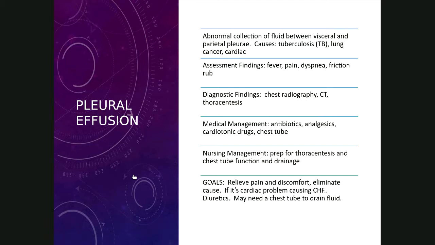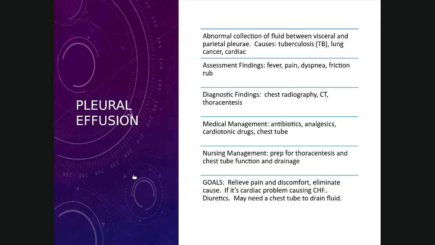Okay, and on the nurse side of things, you would either prep the patient for thoracentesis or a chest tube. You want to educate them on how these devices work, and you want to let them know in a not scary way that there might be some pain, so on and so forth. Okay, the overall goal for anybody with a pleural effusion is you want to get rid of what's causing it.